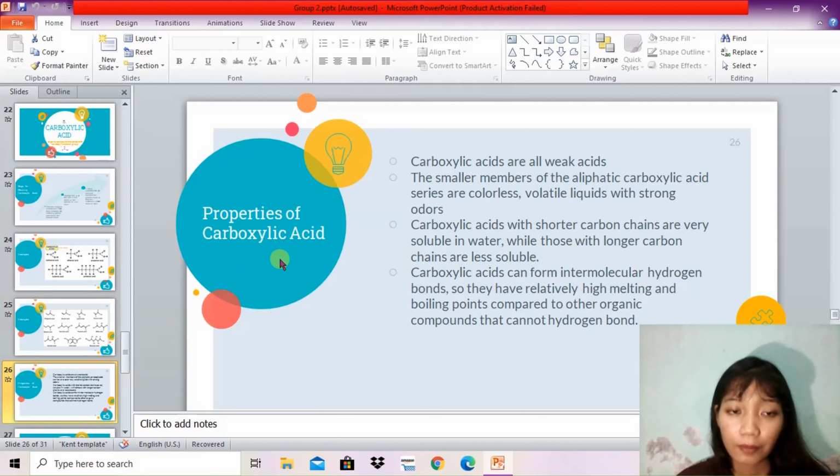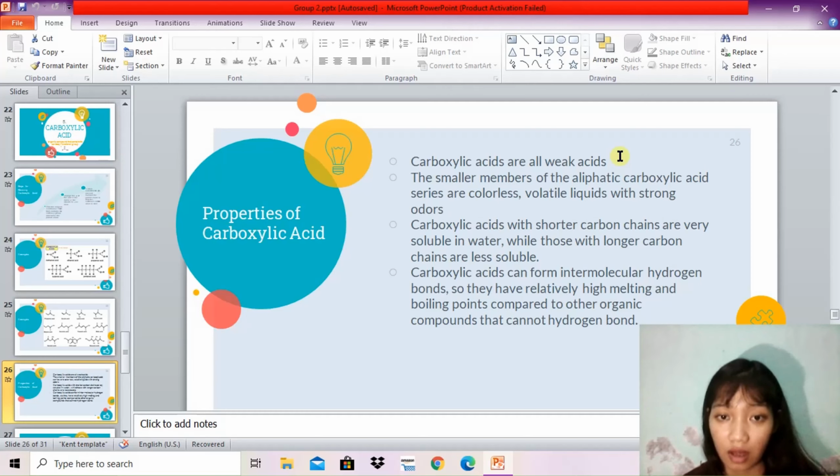Then the properties of carboxylic acids. Carboxylic acids are all weak acids, meaning that they do not fully dissociate to produce H+ cations in a neutral aqueous solution. The smaller members of the aliphatic carboxylic acid series are colorless, volatile liquids with strong odors.